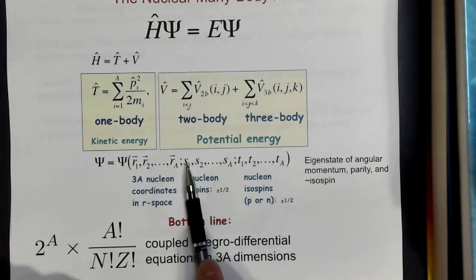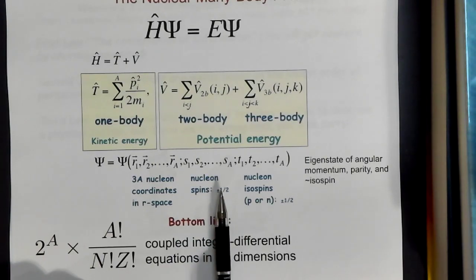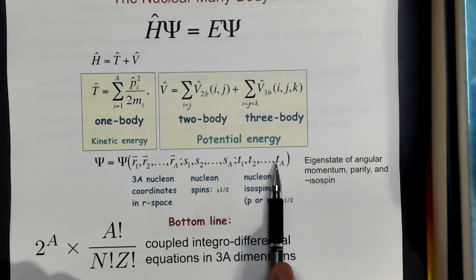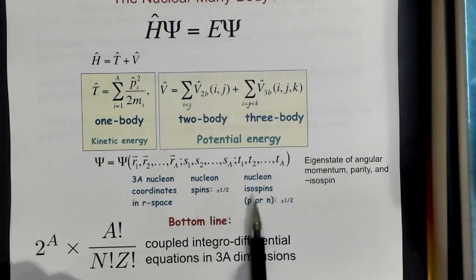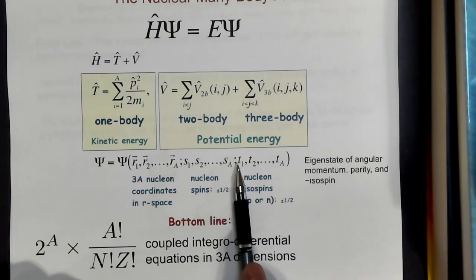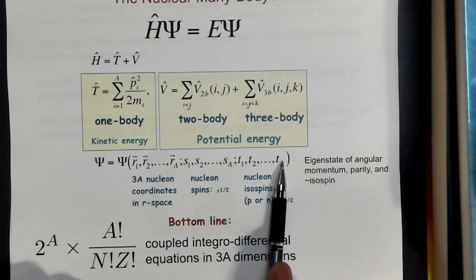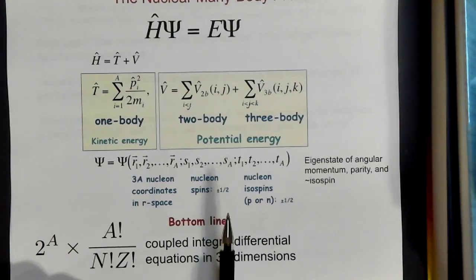The nucleons can have spins, so if I look at the z component of the spin, it can be +1/2 or -1/2, or if you want to call it up and down. And so there'll be A of them. And the nucleon isospins, meaning that they can be protons or neutrons, or if you think of it as +1/2 or -1/2, again we have then T1 through TA. We have A of these.